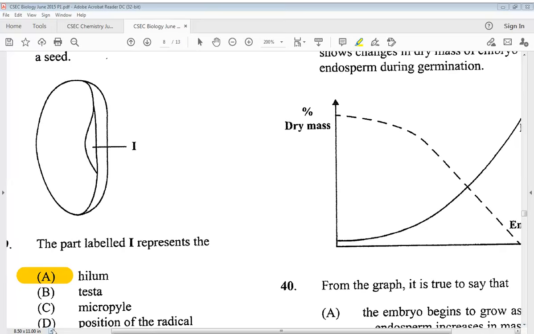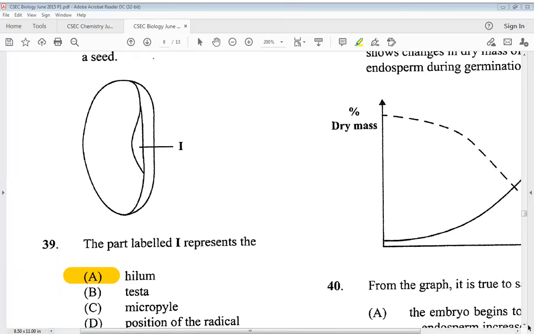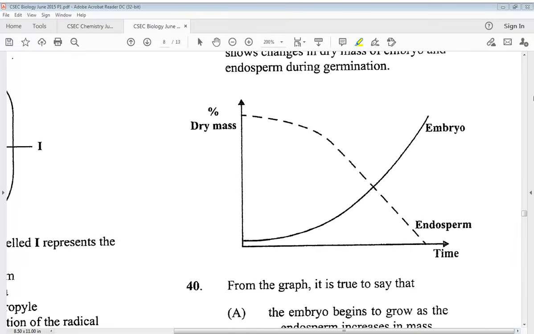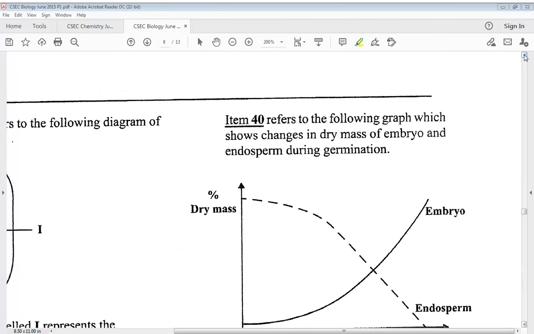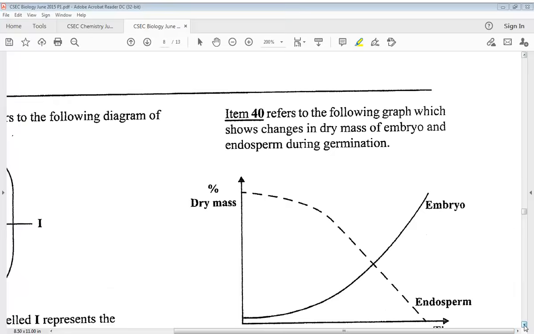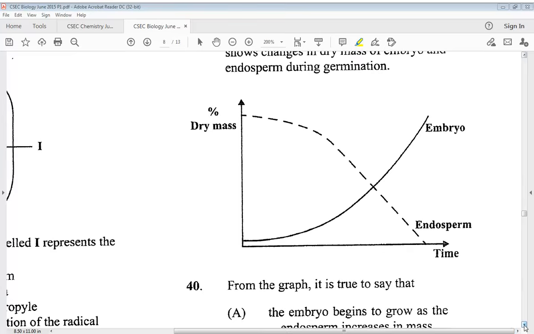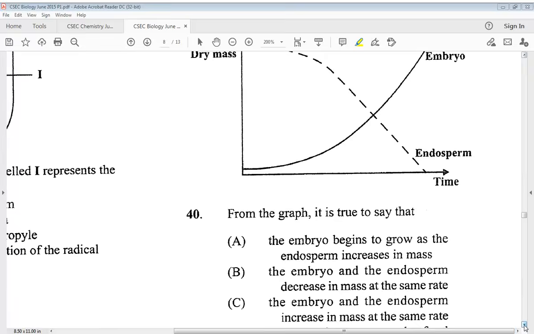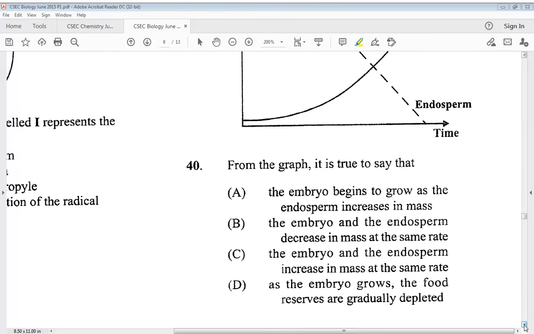Let's go on to question number 40. Here we have it. It says, item 40 refers to the following graph, which shows changes in dry mass of embryo and endosperm during germination. So from the graph, it is true to say that A, the embryo begins to grow as the endosperm increases in mass.